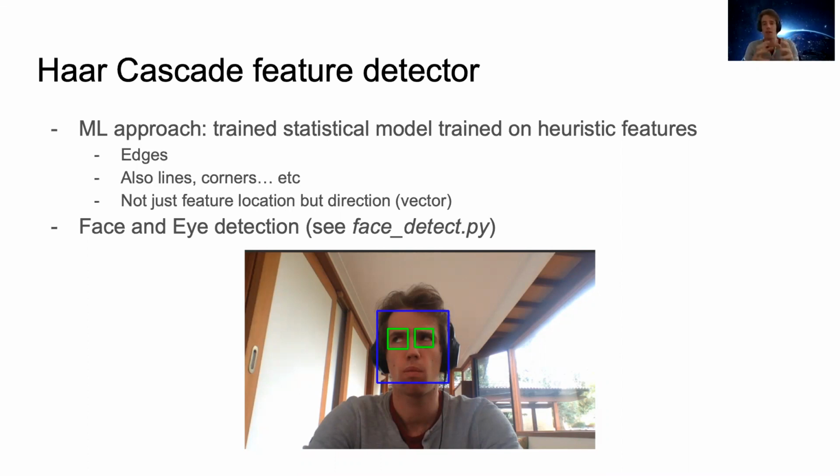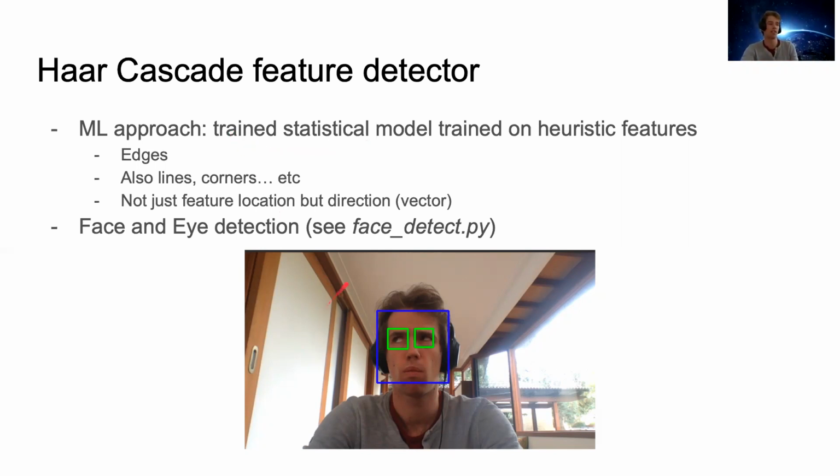It suffers a little because of this heuristic model, so if the parameters or heuristic aren't very good, it can fail. It's based on edge detection as well as lines and corners. It extracts lines and corners from an image, and then it learns using statistical models the combination of these particular lines and corners that make up a face.